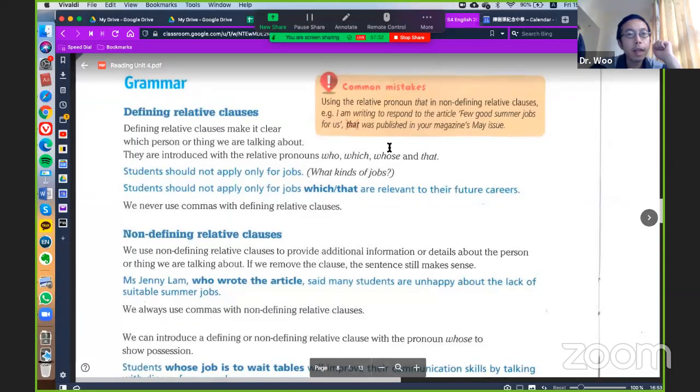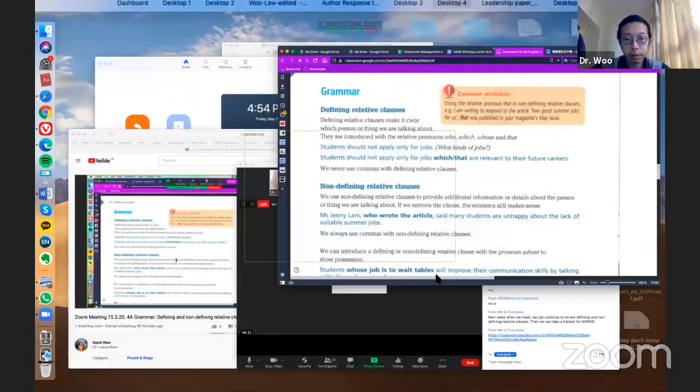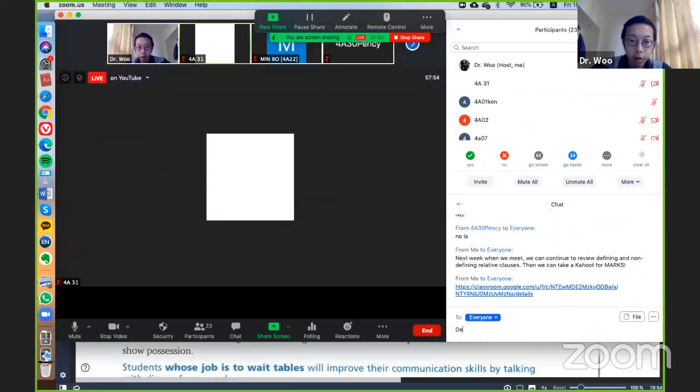a defining relative clause, you may want to repeat after me, defining. You see the word definition. So defining means necessary information. Defining equals necessary information.